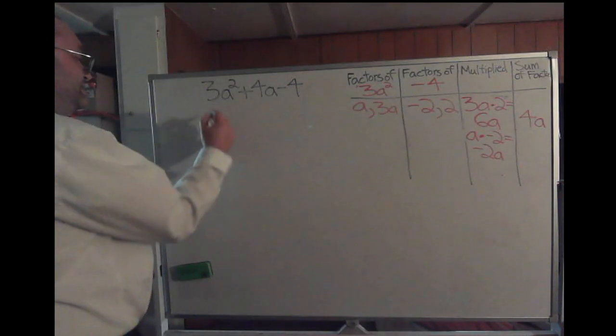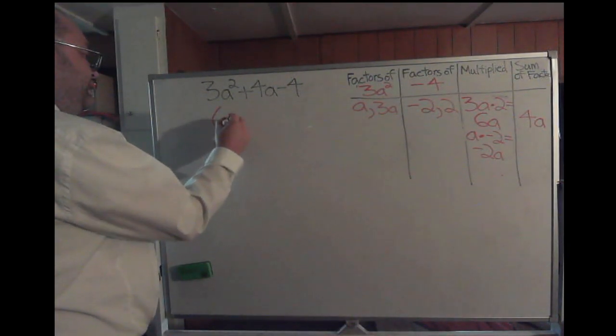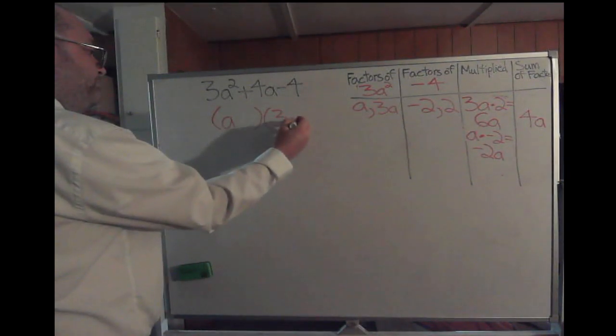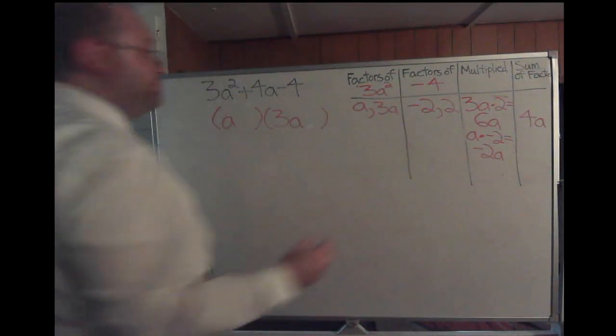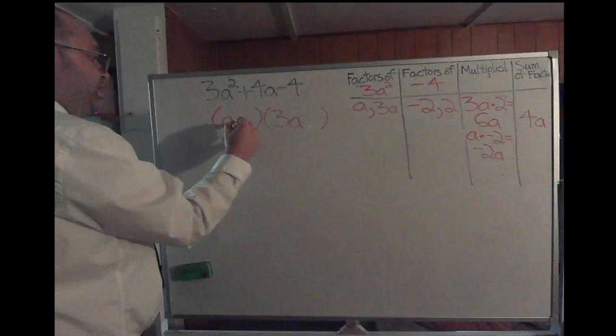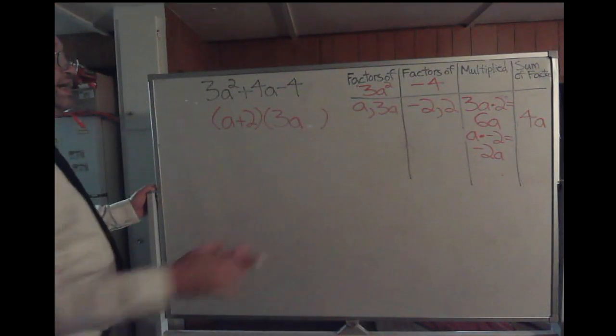So now I need to take my factors of 3a squared, which would be a, quantity, and then you have your 3a, quantity. Well, I multiplied positive 2 times 3a, so I'm going to have a plus 2, because I could take 2 and multiply that by 3a, I get 6a.